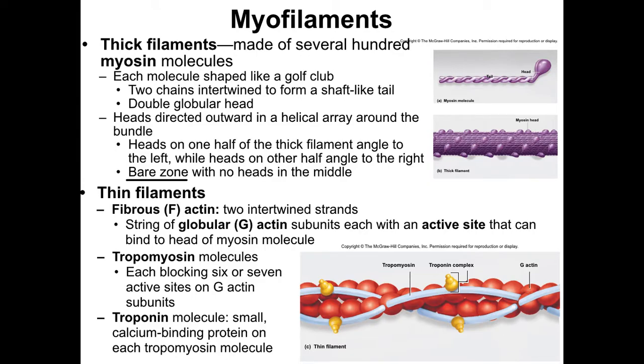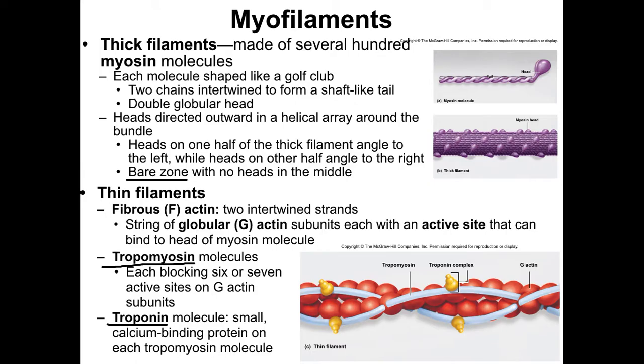There are two proteins that are super important that are associated with actin, and they are called tropomyosin and troponin. What tropomyosin does is it binds to the actin and it covers the active site.